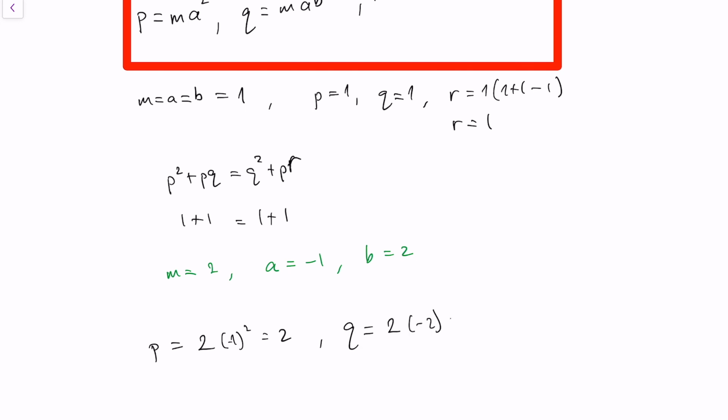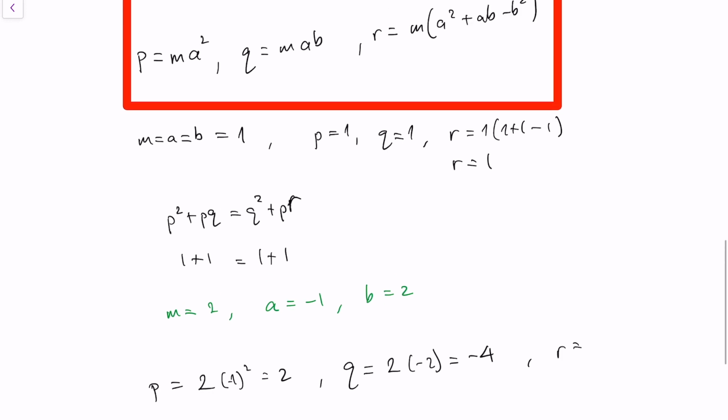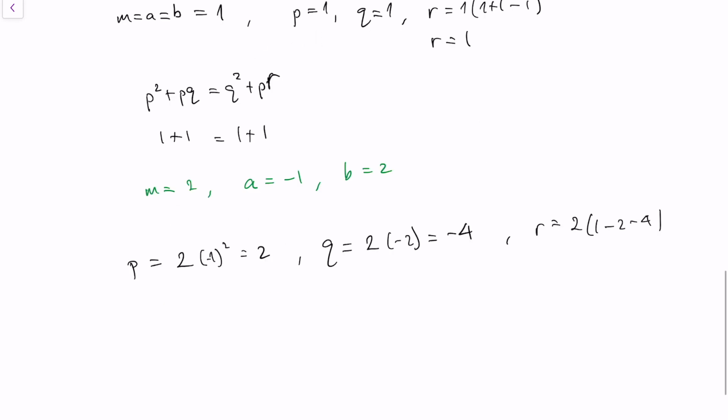So that's minus 2, which gives you minus 4. And lastly, r is equal to minus 1 times (1 minus 2 minus 4). That's 1, minus 2, and minus B squared, that's minus 4. So that will give us minus 5, right? So r is equal to minus 10.